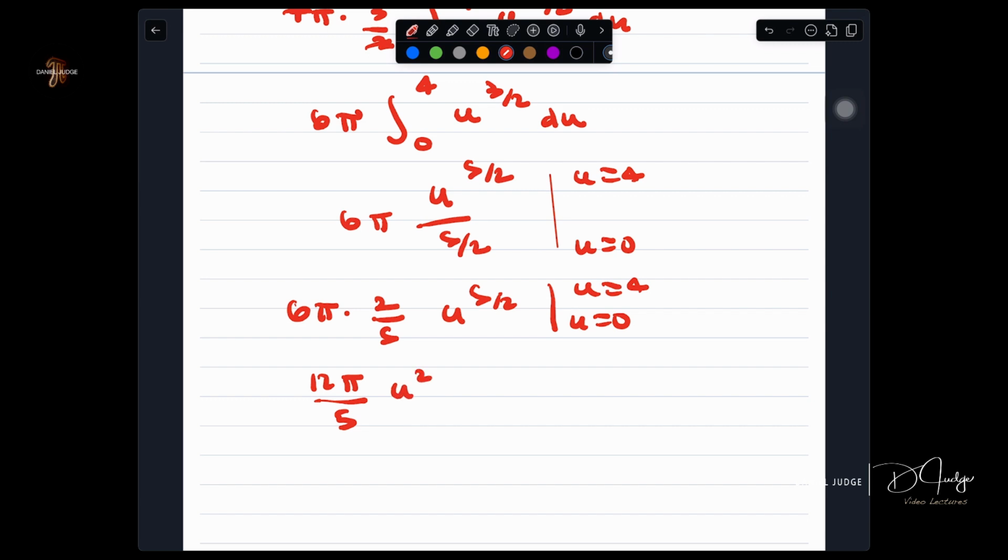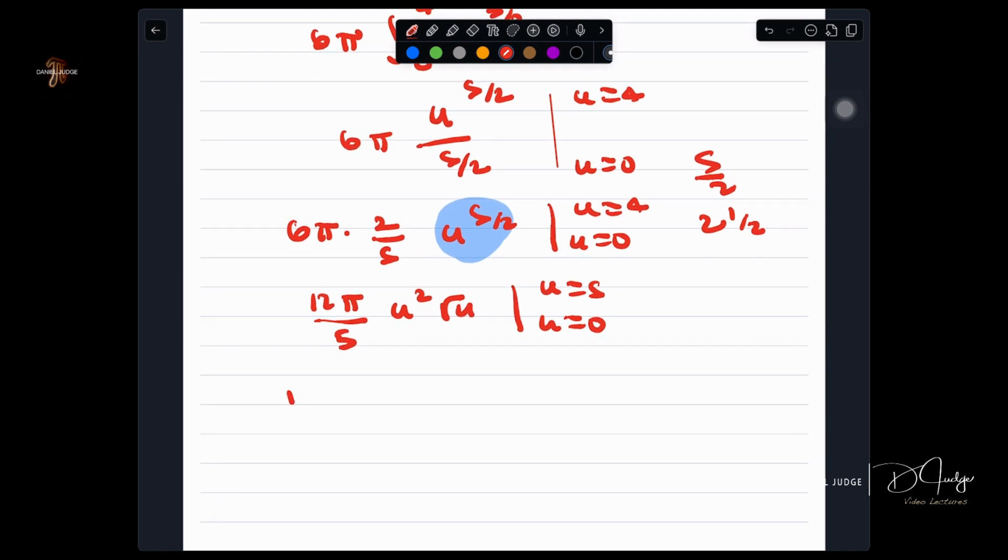This will be u squared square root of u. If we remember how to simplify u to the 5/2, I taught this to Calculus 1 students, by writing 5/2 as a mixed number, 5/2 is really 2.5. And that's why you get u squared times u to the 1/2 power. So that makes things a little bit easier.